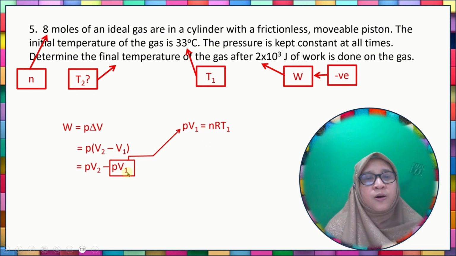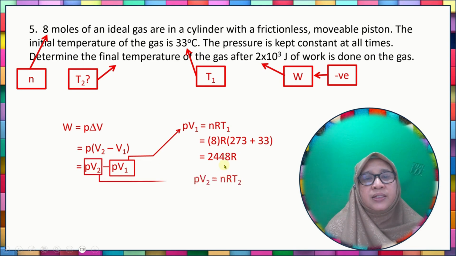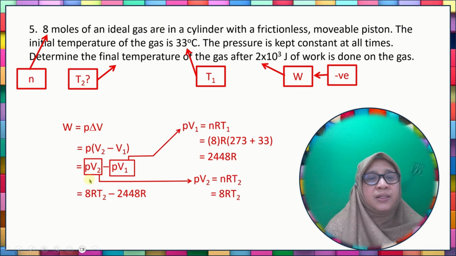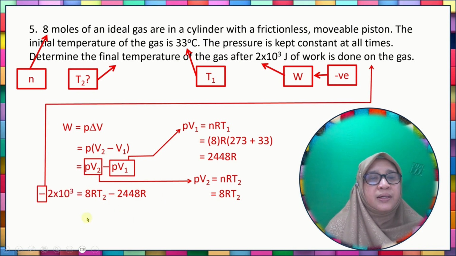So PV1 is nRT1, and we can find temperature from this equation. PV2 will be nRT2. We substitute all the values here, combine both equations, and remember the work done is negative.